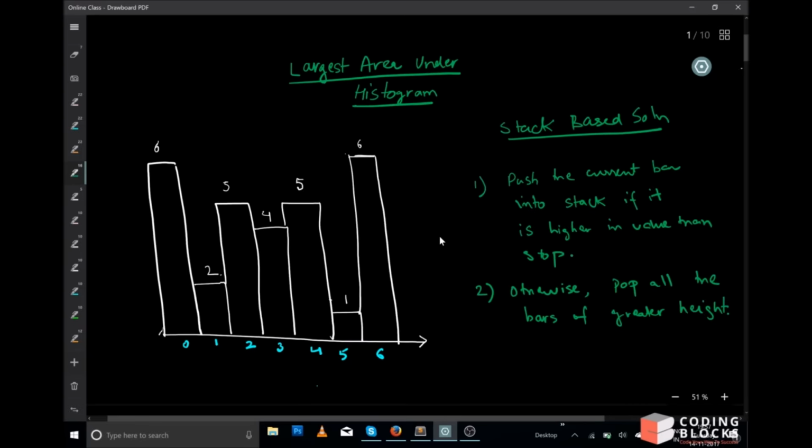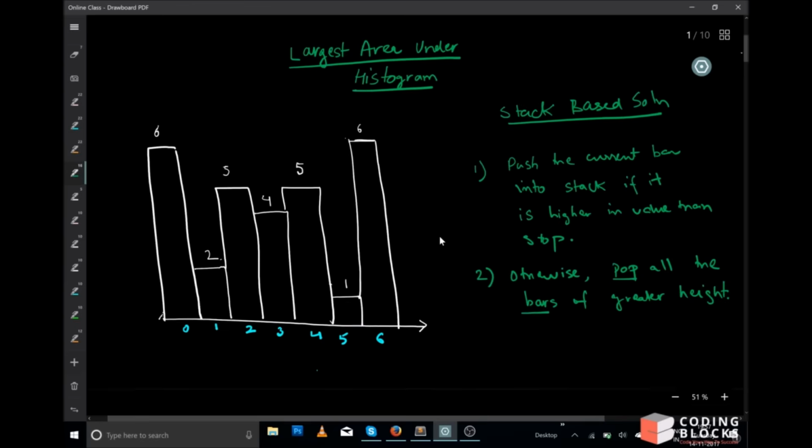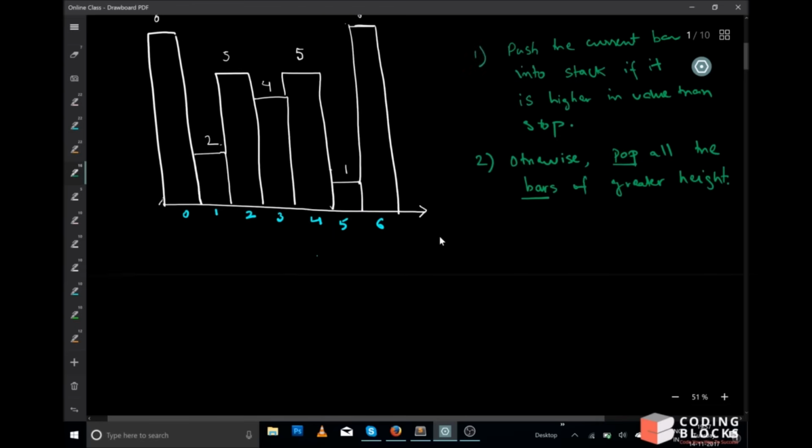And in this solution, when we are going to do the popping, what is going to happen is that for every bar, let's say every bar x, it will be pushed into the stack once, and we are also going to pop it once, right?